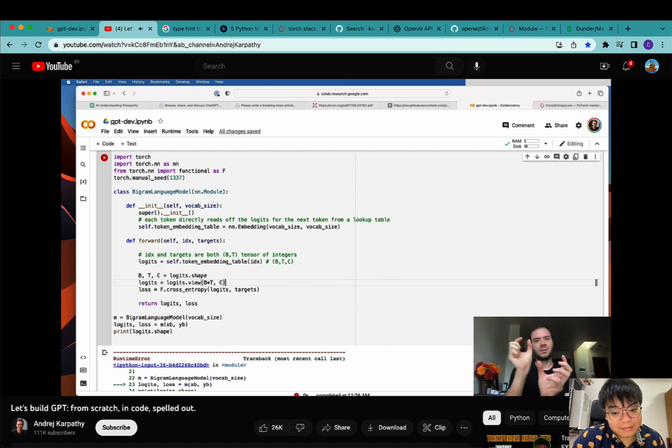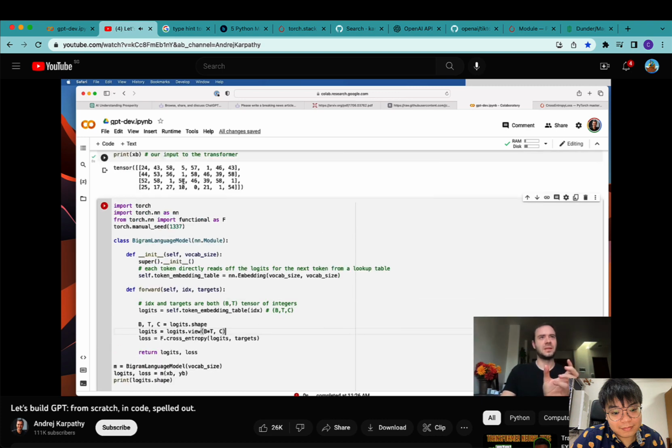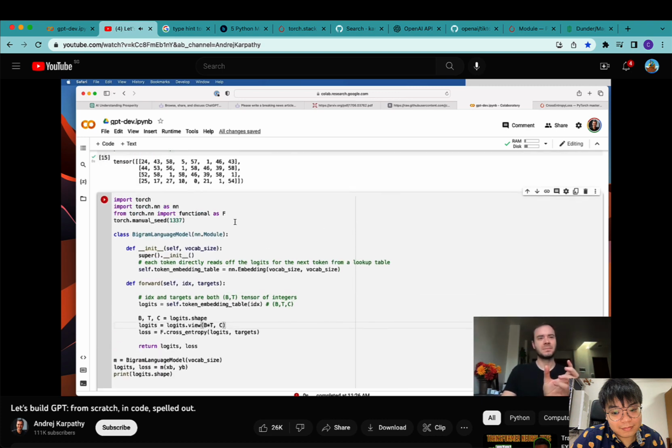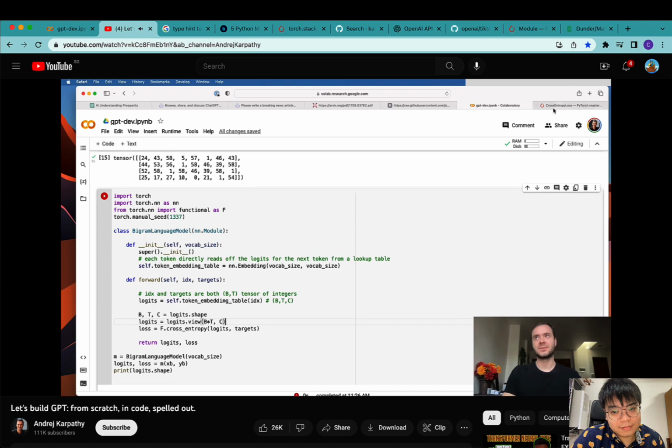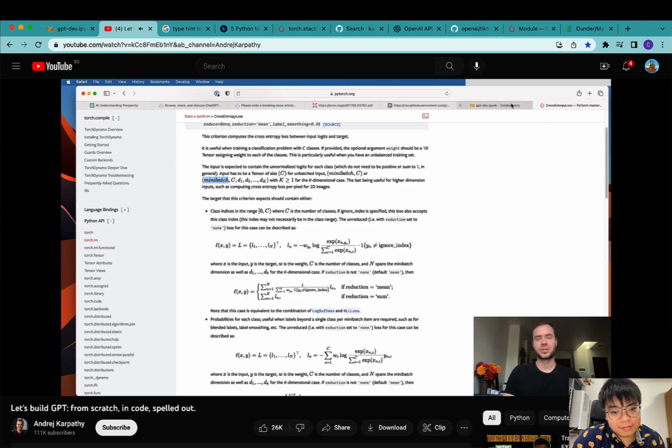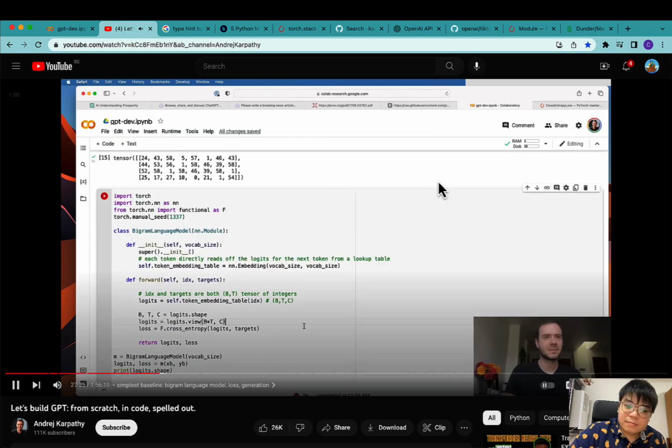We're going to take all of these positions and stretch them out into a one-dimensional sequence, and preserve the channel dimension as the second dimension. So we're stretching out the array so it's two-dimensional, and in that case it better conforms to what PyTorch expects in its dimensions.